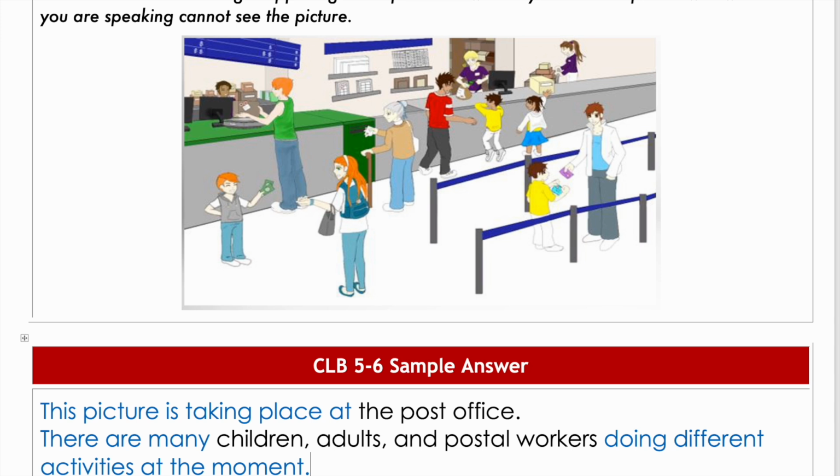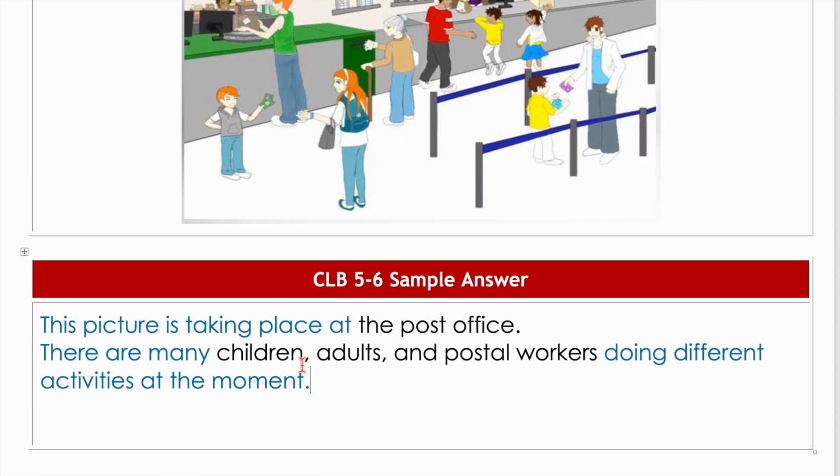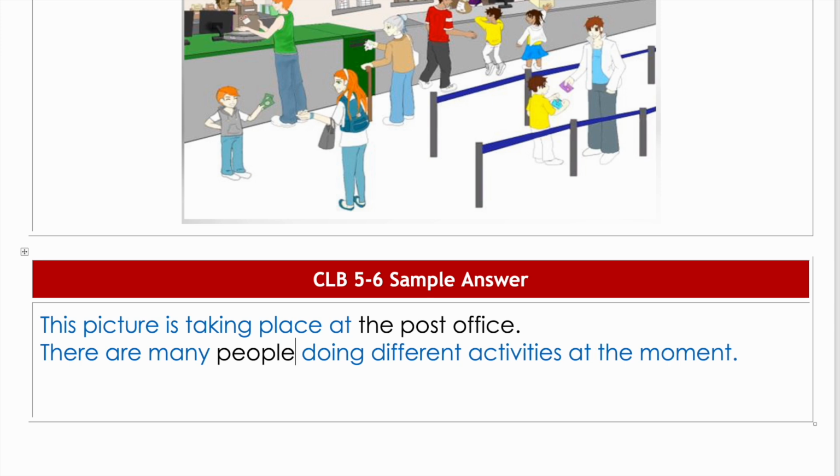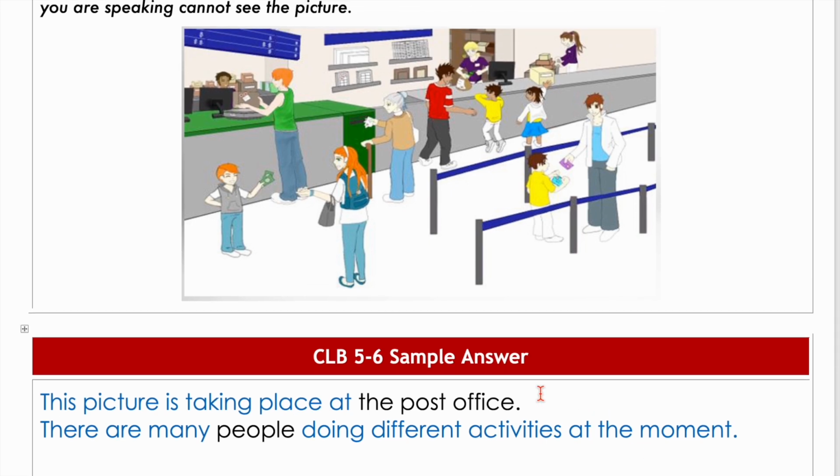That's always a very good sentence. In a very easy way, you can say, there are many people doing different activities at the moment. That one is very easy. All right? Sometimes it's hard for 5 or 6s to think of what kind of people are in the picture. So you can just say there are many people.